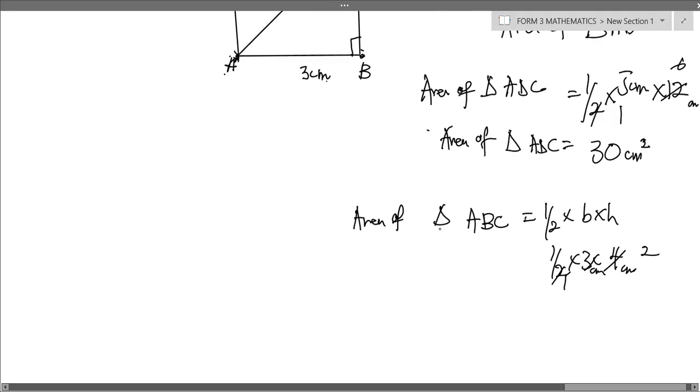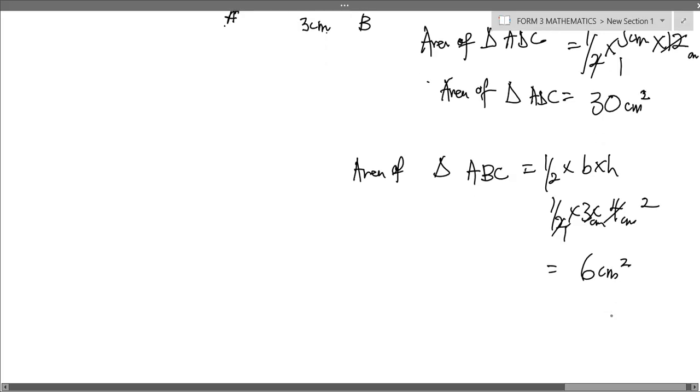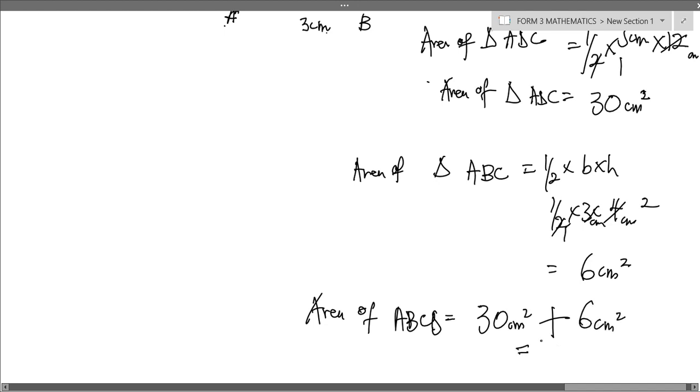So we have 3 times 2, which gives us 6 centimeters squared. So now the area of ABCD will give us 30 centimeters squared plus 6 centimeters squared, which gives a total of 36 centimeters squared.